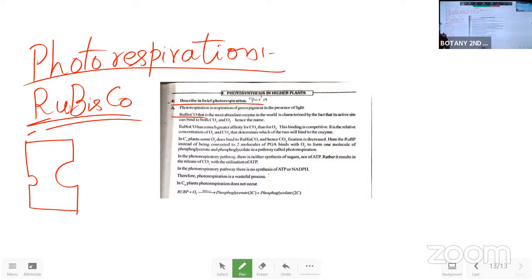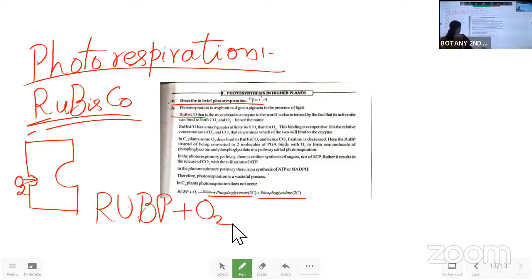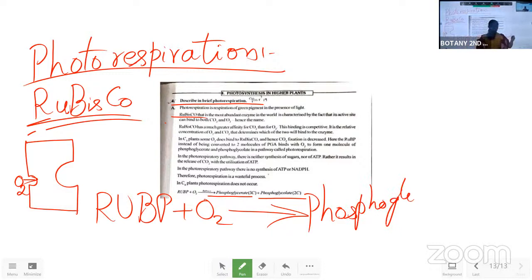Now once the oxygen molecules block the activation site, then immediately this Rubisco enzyme will start converting the ribulose 1,5-bisphosphate into phosphoglycolate and phosphoglycerate.